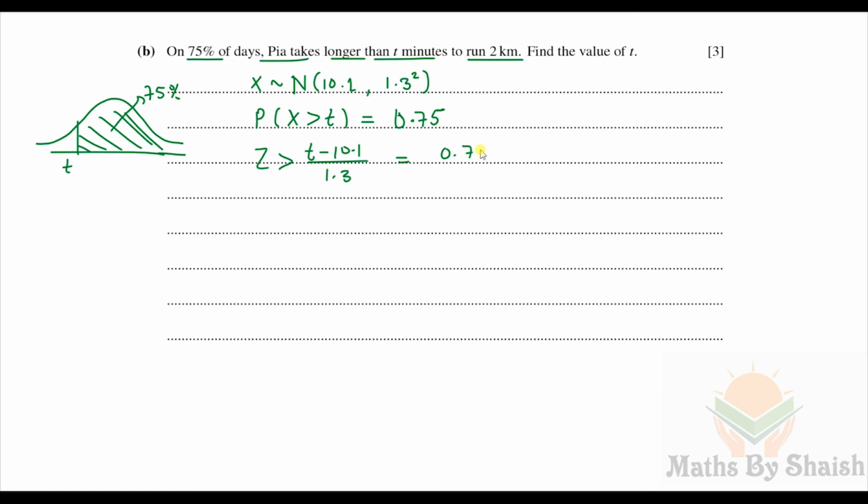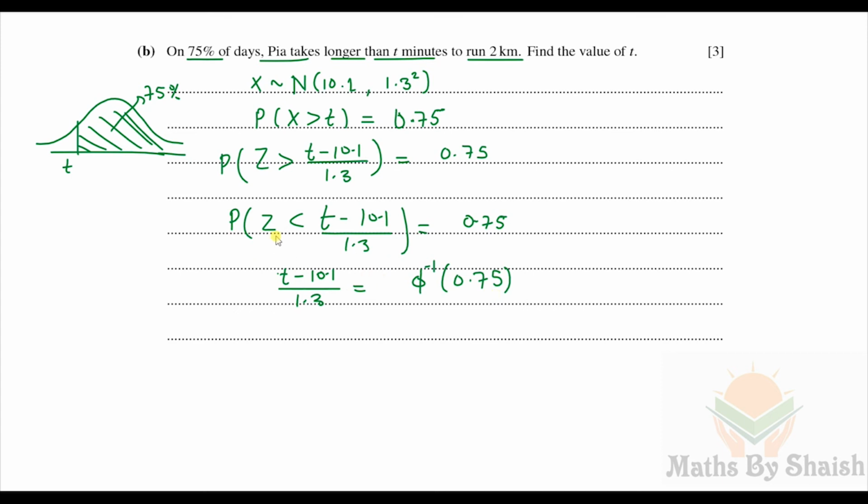The probability of this is the same as the probability of z less than t minus 10.1 over 1.3, and this time we write it as 0.75. But phi of z, that is t minus 10.1 over 1.3, we get by phi inverse of this value 0.75, but since this t is towards the left hand side of mu, it means it is going to be negative. So let's calculate this value from the distribution table.